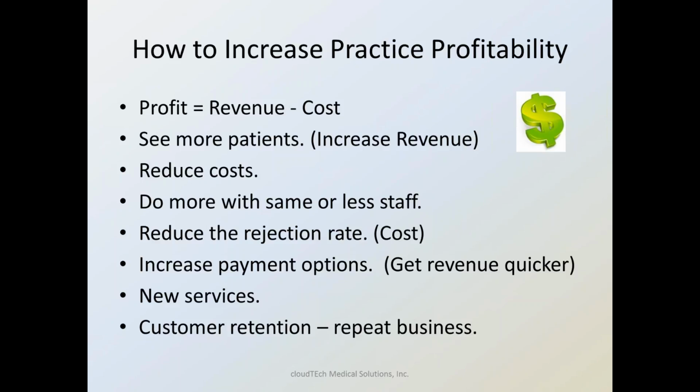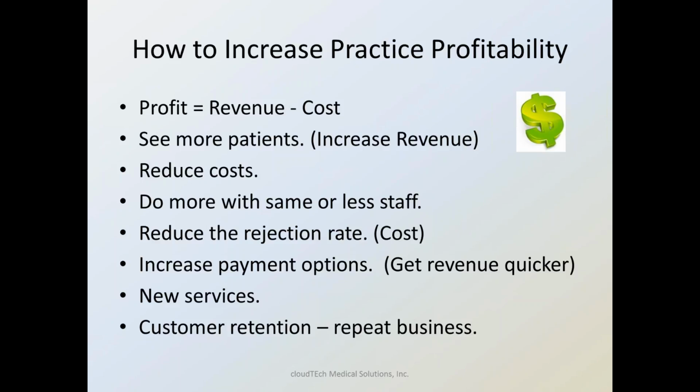It's also about reducing your costs. If you want to see more patients to increase the profitability of the practice, but you have to bring on more staff to do it, you may not be really providing profitability because you raised your revenue, but you also raised your cost.